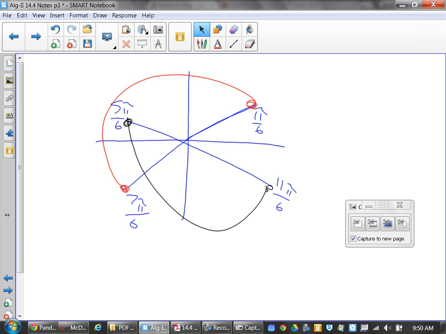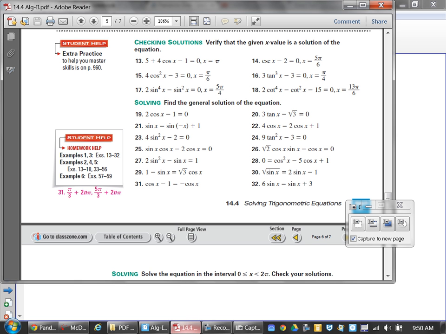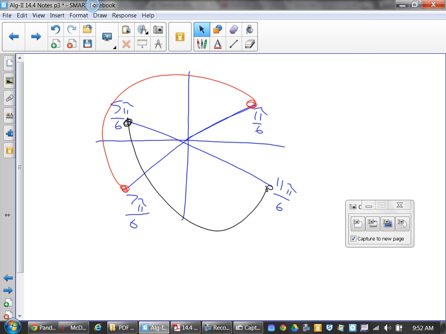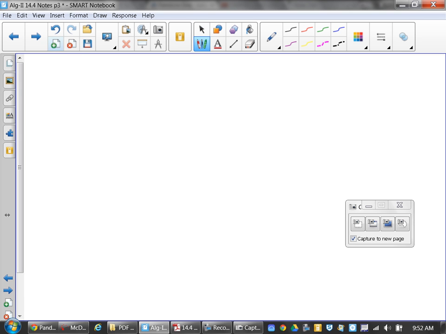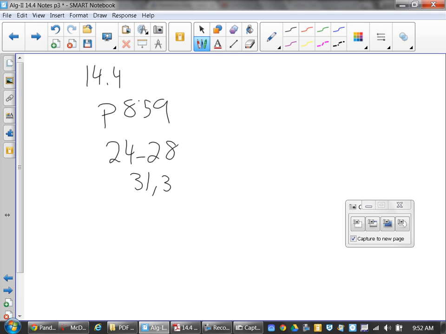Let me give you, let's see, what did we do here? What I want you guys to do, it's the same section, 14.4. I forgot what page number it was. It's the one page before we just did. I think it's 32.